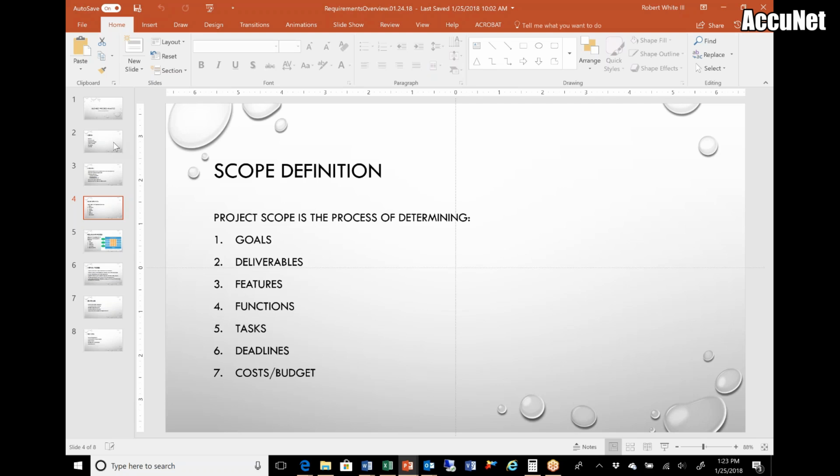If one of those doesn't align with the other, then you're not going to have a successful project 90% of the time. So being able to balance those three items. So the scope, we will go through with a customer and talking through what are their goals. Goals I like to go through early on.